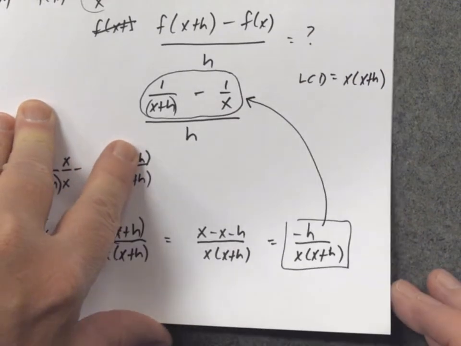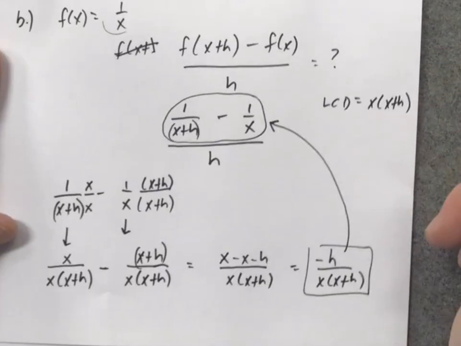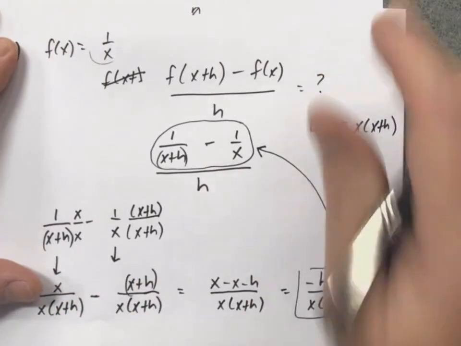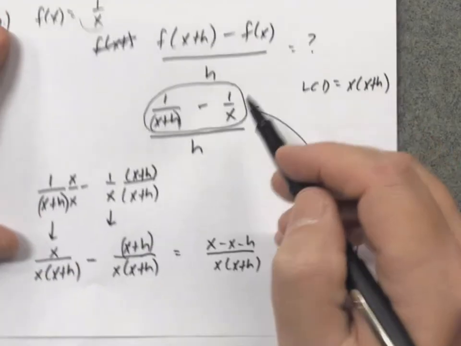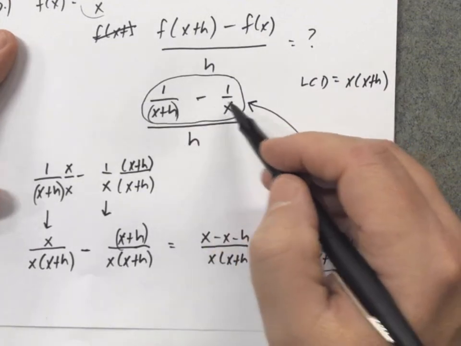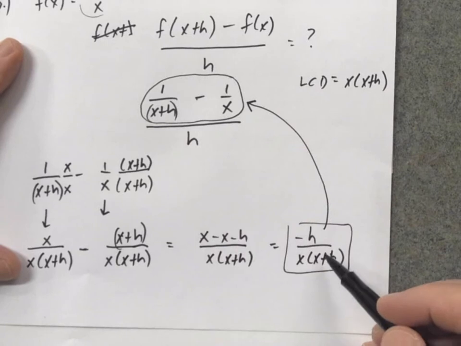So once again, this problem is getting messy fairly quickly. So once again, let me get a new sheet of paper so we can finish this. So once again, a quick review. The function was 1 over x. We were asked to find the difference quotient. Initially, it doesn't look too ugly, but we had to go in and combine these two fractions, which is this.